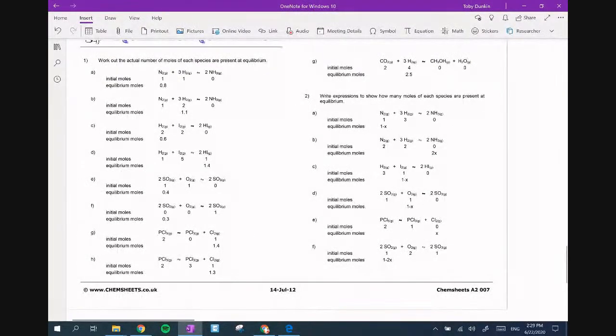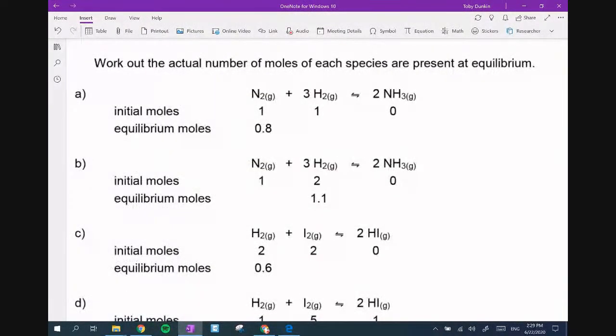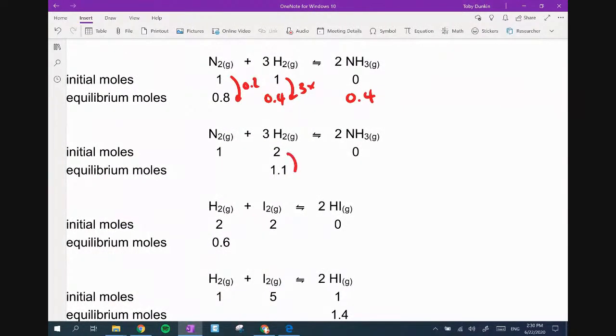Right. Okay, so I believe this one's different. Oh, yes. So that one's dropped by 0.2. This one's going to drop by 3 times that value, so 0.6. That becomes 0.4. This one's going to go up by twice that of 0.4 as well. Isn't that clever? Next one, this one's dropped by 0.9, and divide that by 3 to get 1x gives you 0.3.